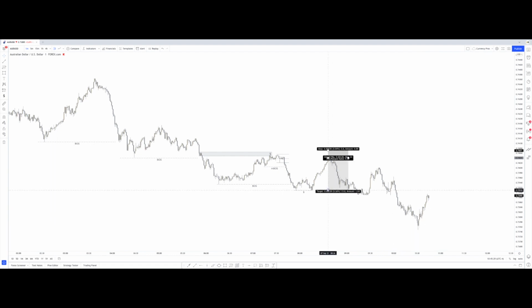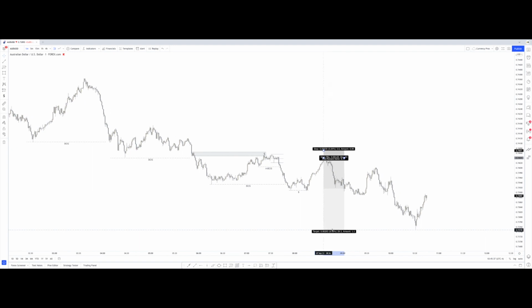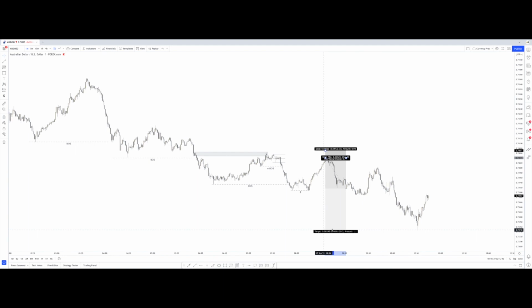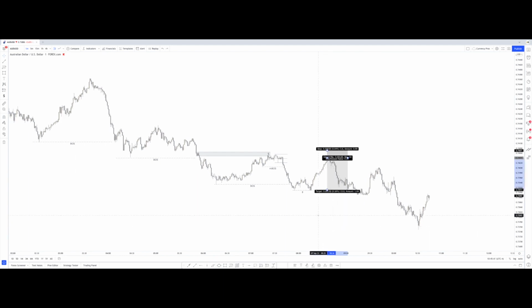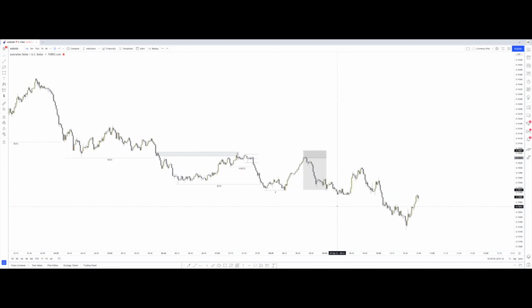So if I were to really have held this to the lowest point, it would have been almost 10% with me risking 1%, right? So that would have been a very significant trade. However, I am more than happy just sniping this profit and getting on with the rest of my day. I can go to the gym, I can spend time with my kid, whatever the case may be. So I'm more than happy with that.